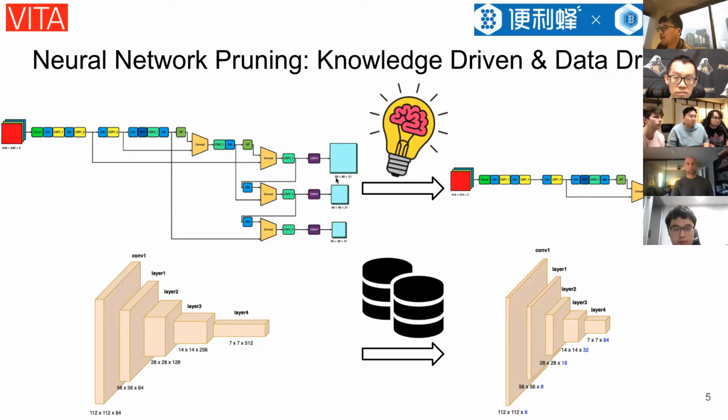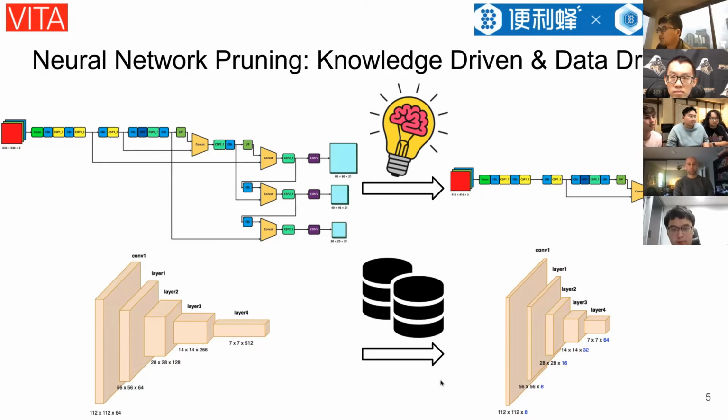We found that in this problem, balls and persons all fall in the small scale. So we only retain the small scale branch and completely discard the remaining two, which saves us a lot of energy. We also discard some ensemble blocks and replace some energy-heavy modules with energy-efficient modules. We call this knowledge-driven model pruning.